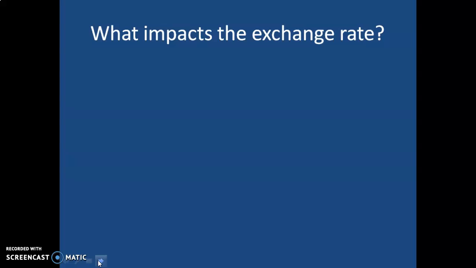There's several factors involved. First of all, the amount of imports and exports. If the United States runs a trade deficit with Japan, that will tend to have the effect of depreciating the value of the dollar. That is, as our trade deficit grows, the value of the dollar versus Japan will go down.